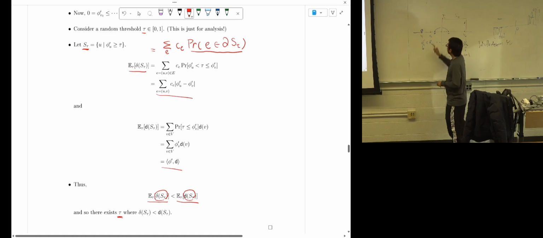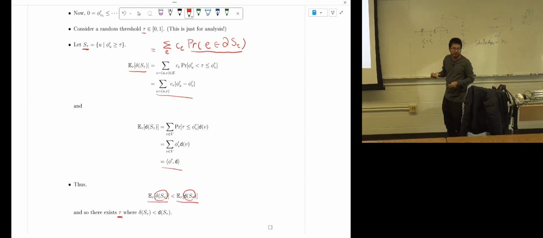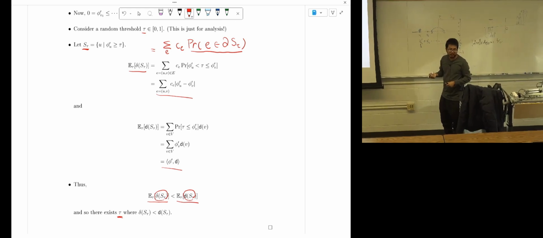So when you have U and V, what's the probability that tau lies between U and V? That's when it's cut. Would it just be the distance between the potentials over the whole disk, which is just one? Yeah, exactly.